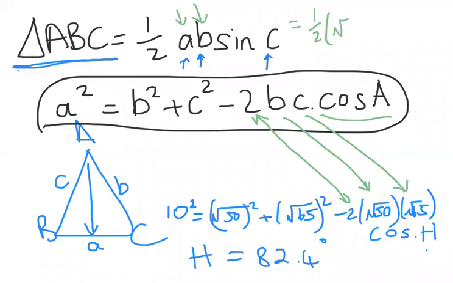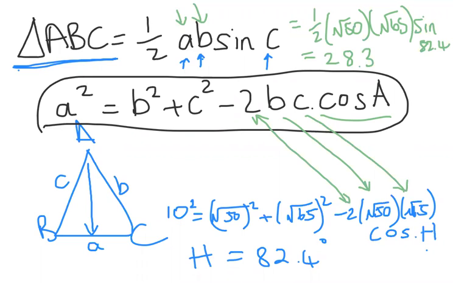We have the square root of 50. We have the square root of 65. That's the two sides, and the angle in the middle is the one we found, the 82.4, and we can put sine of 82.4, and if you work all of that out, you'll get to an answer of 28.3.